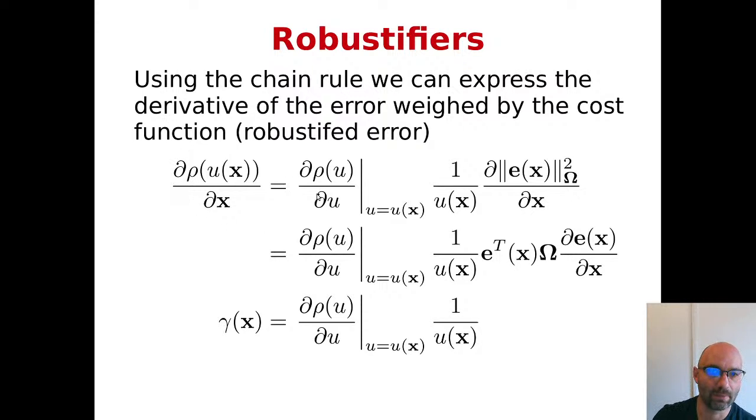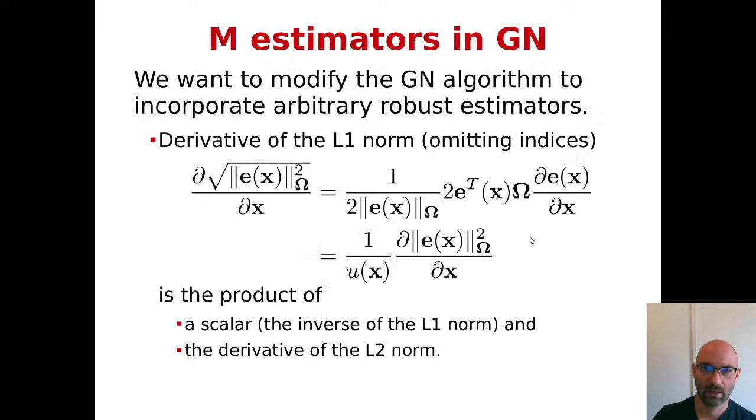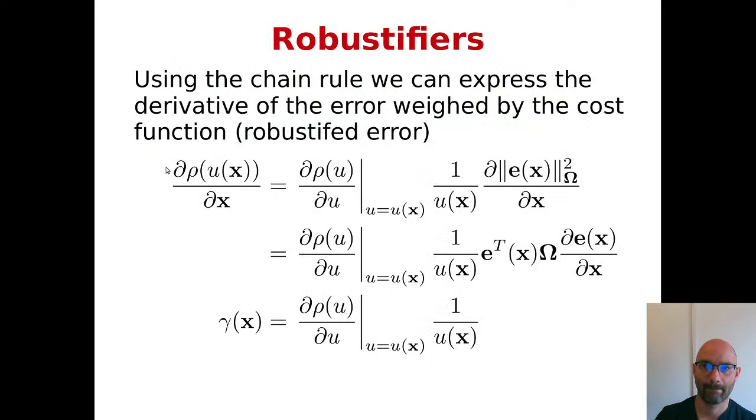The derivative of this object will be the derivative of rho evaluated in u, where u is equal to u of x, multiplied by the derivative of u of x. But we said that u of x is the L1 norm, which has a derivative which, as we computed before, is 1 over u of x multiplied by the derivative of the L2 norm. This object over here is equal to this object over here, and this object is the derivative of the L1 norm.